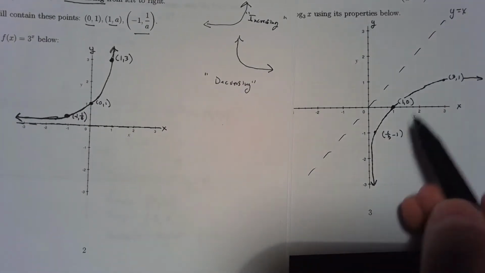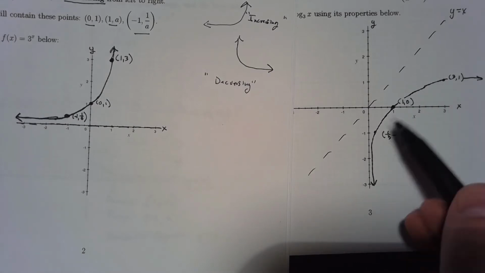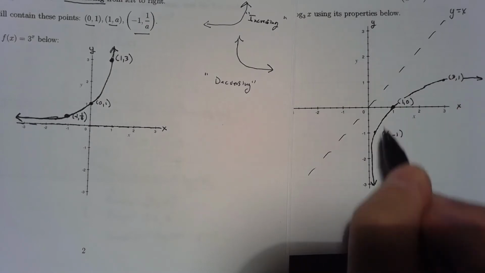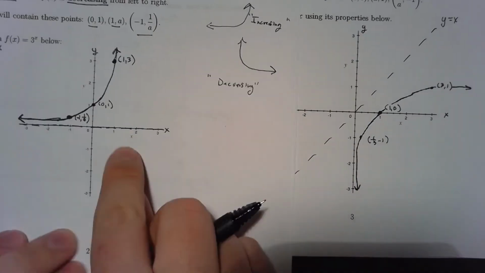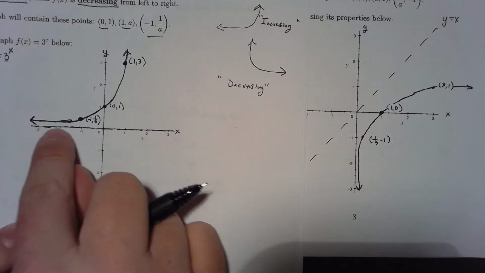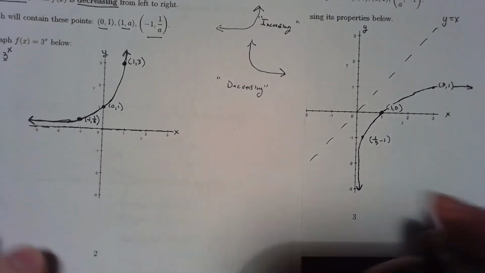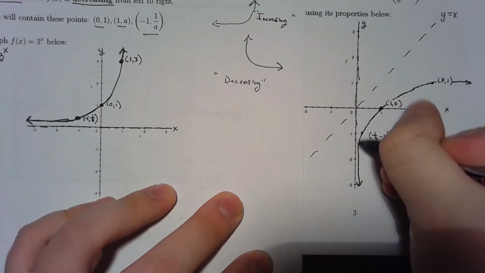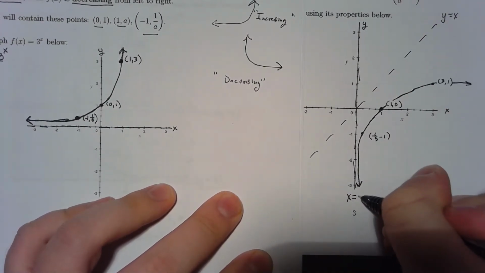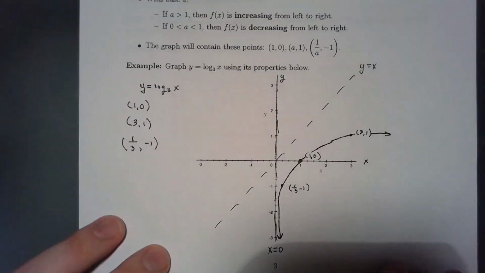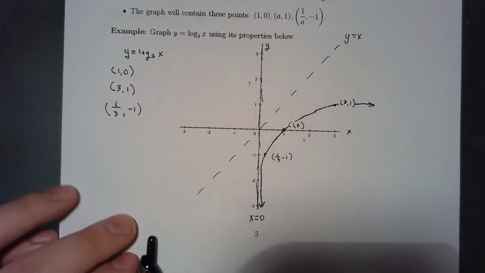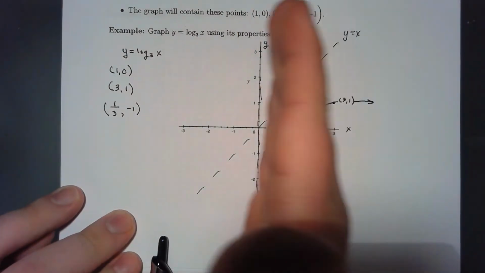So yeah, this is the graph of a logarithmic function. Notice how there's a vertical asymptote at 0. Just like with an exponential, there was a horizontal asymptote at y equals 0. Here there's a vertical asymptote at x equals 0. You can see how a logarithm only takes positive values for x.